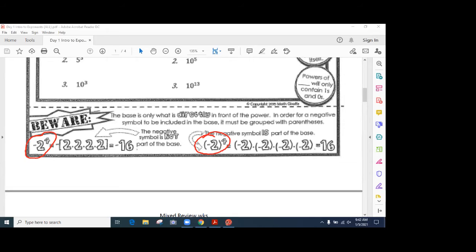If you're plugging it into the calculator and it has parentheses, you can't say, oh, well, the parentheses don't matter, and plug it in like this. Both of these say -2 to the 4th, but the one without parentheses is a -16, and the one with parentheses is a +16. So the parentheses matter, okay? And if you put the parentheses in the calculator, the calculator always knows what to do. So the big thing I want to stress is just make sure that if there's parentheses, you put them in the calculator, okay?